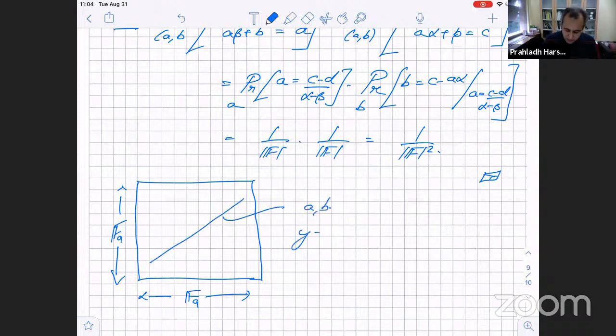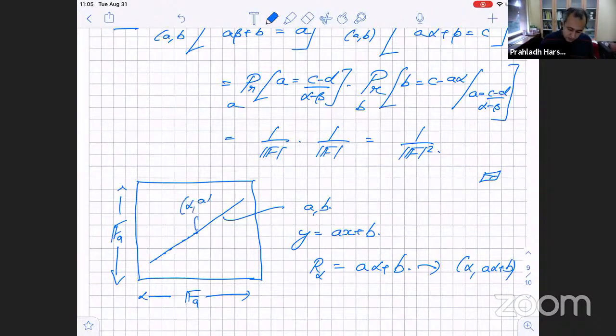The line is given by y equals AX plus B. Each R alpha is a point on the line: R alpha is A alpha plus B, and it corresponds to the point alpha comma A alpha plus B. Corresponding to every point on the line is a random choice.